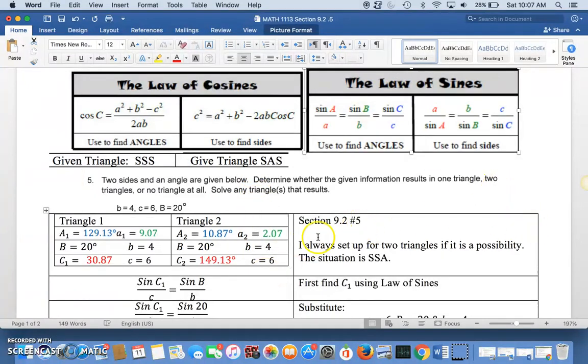You've got it all. Notice the things in color are the things we found. We found this first, and used it to find this. Then we used the idea that all the angles add up to 180 to find this angle and this angle. And then we went back to the law of sines to find side a for both triangles.